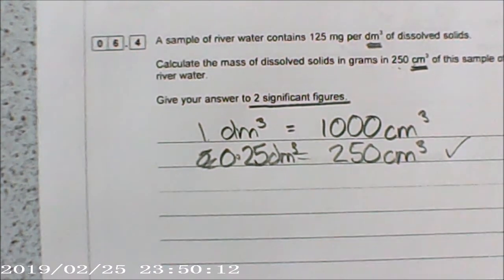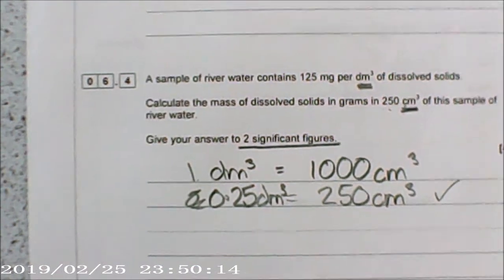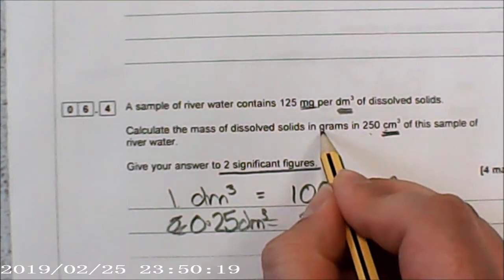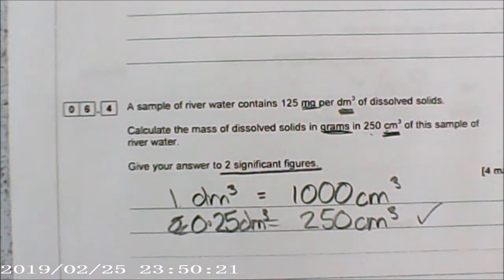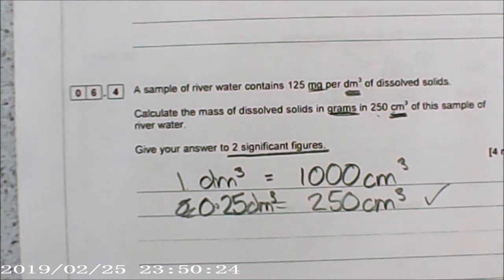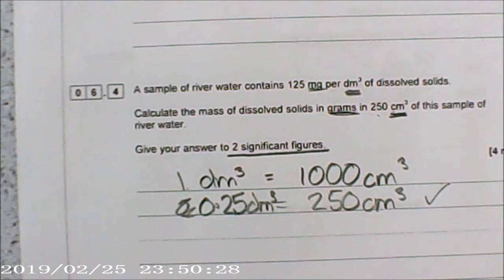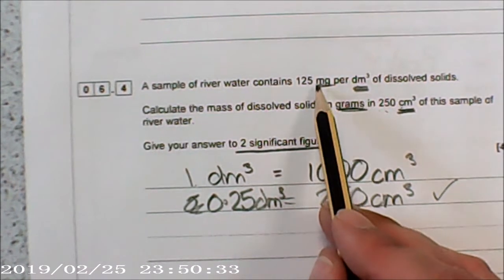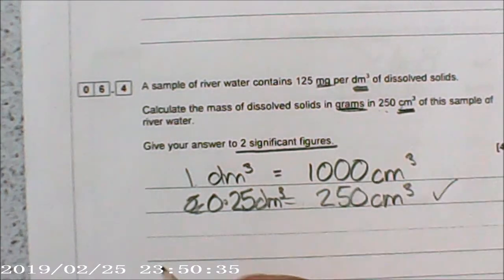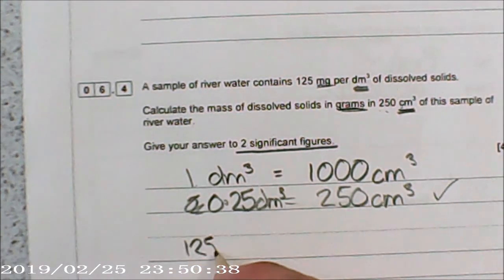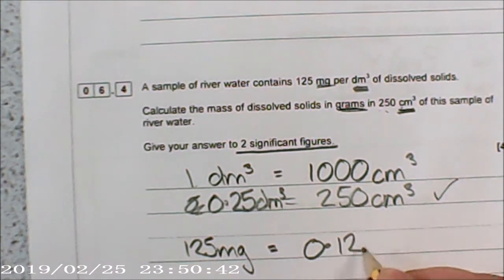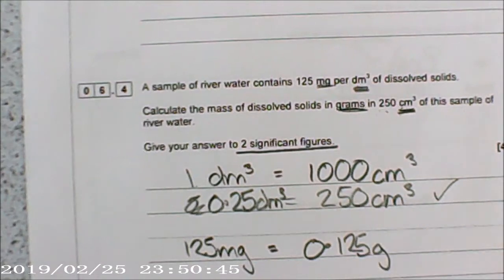Okay, now there is also an issue with the grams. This is milligrams and this is grams, so we need to convert the milligrams into grams. So again, to do that, there is 1,000 milligrams in a gram, so 125 milligrams is 0.125 grams.